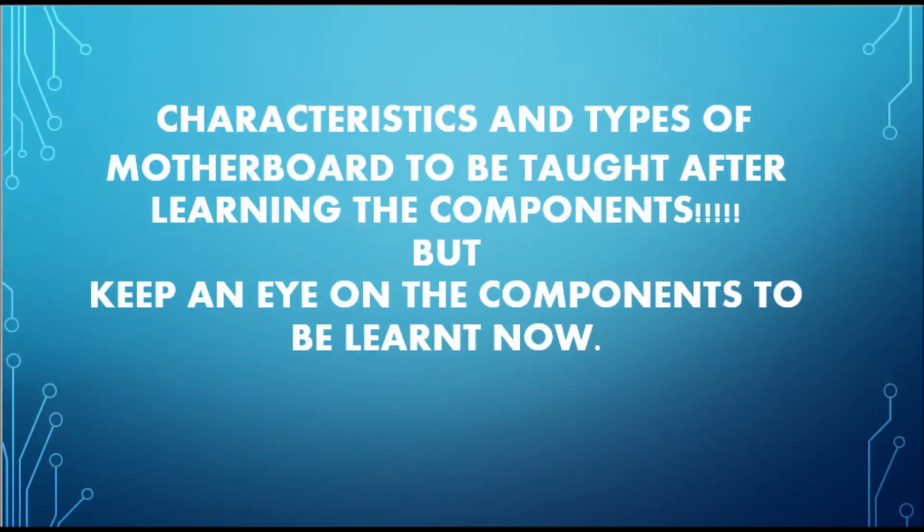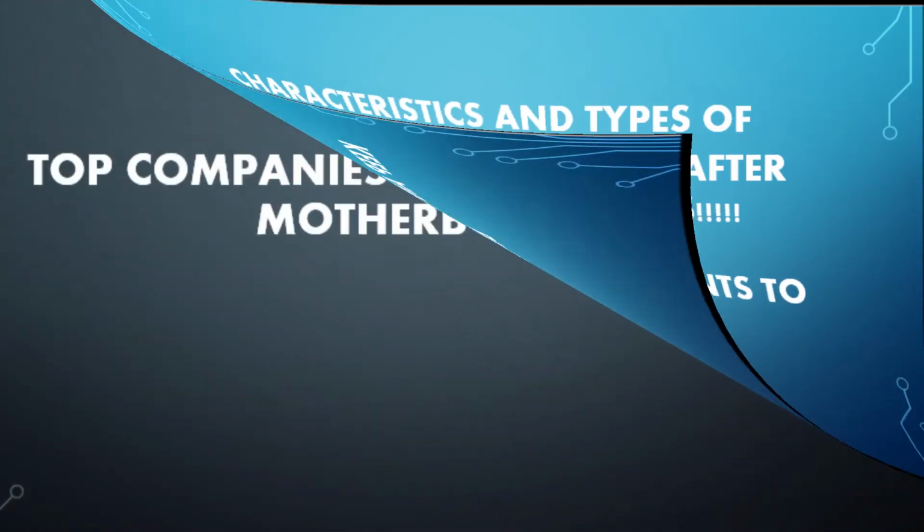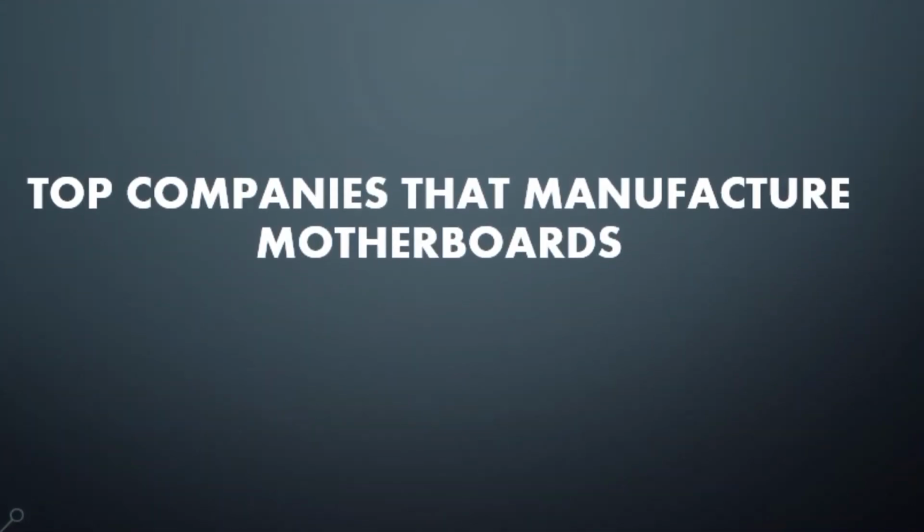And next in the syllabus we have the characteristics and types of motherboard, but it makes sense to learn about it only after learning the parts of the motherboard. By the way, who manufactures motherboards?